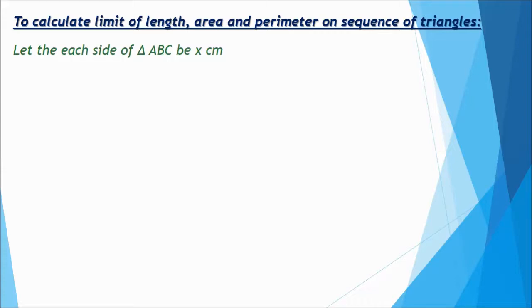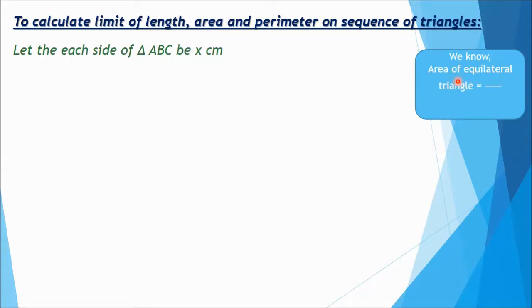Now we need to recall the area of an equilateral triangle. The area of an equilateral triangle is equal to root 3 a square by 4, where a is the measure of each side. Again we need the formula for the perimeter of an equilateral triangle.